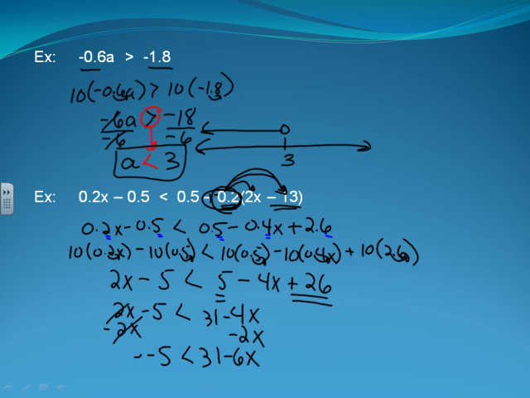Okay, and let's bring that up here. We want to move the 31, so we're going to subtract 31 from both sides. Subtraction does not change the sign. So we've got negative 5 and negative 31 is negative 36 is less than negative 6x.